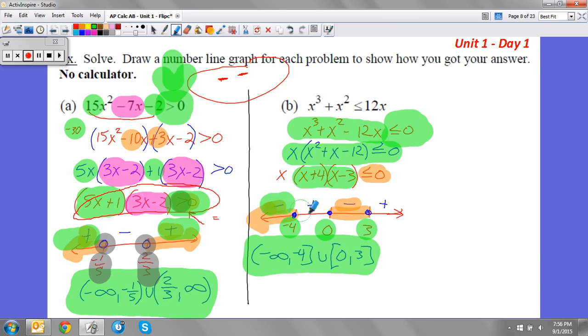So we want to know when it is negative, because that's our domain of answers, if you will. So negative infinity to negative 4. Again, I have a bracket this time, which shows it's a closed interval. It's inclusive. Union 0 to 3. Closed and closed.